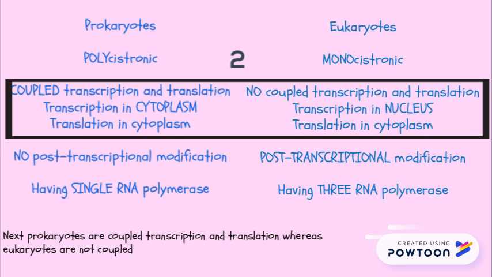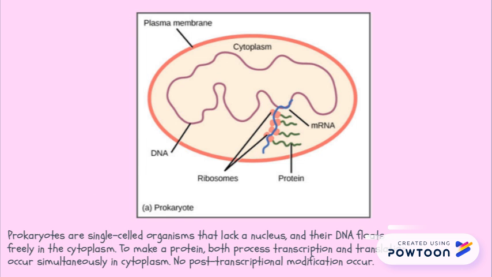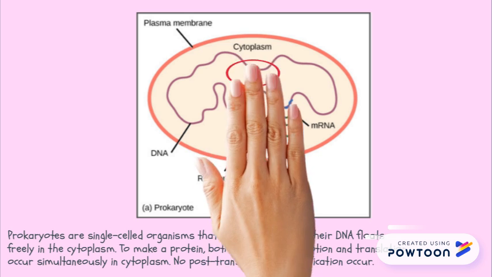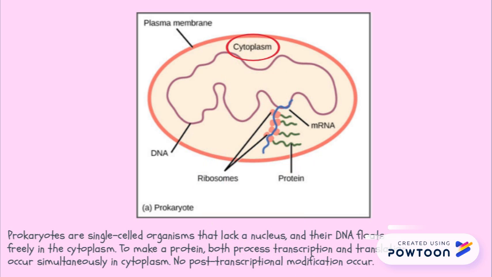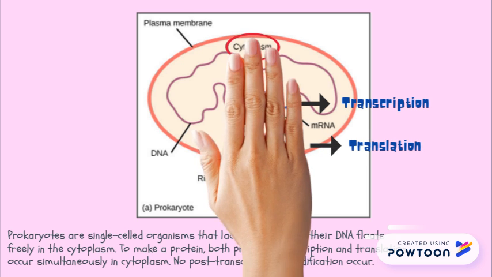Next, prokaryotes have coupled transcription and translation whereas eukaryotes are not coupled. Prokaryotes are single-celled organisms that lack a nucleus, and their DNA floats freely in the cytoplasm. To make a protein, both processes, transcription and translation, occur simultaneously in the cytoplasm.